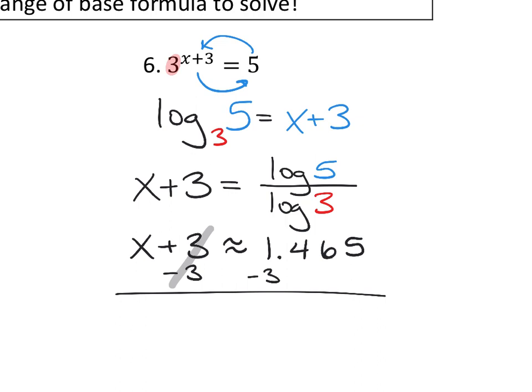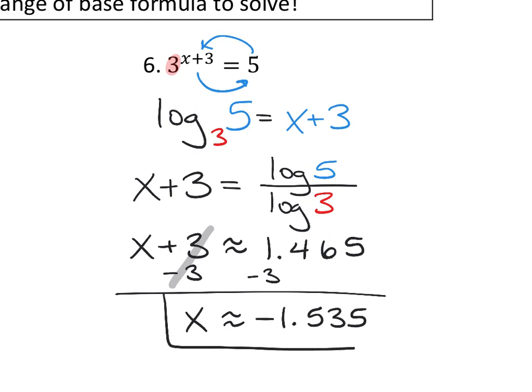When you do that, your calculator is going to tell you that x is approximately negative 1.535. So if your question does require a little bit of algebra, we do have those skills still available. Don't forget the skills you've learned before. They're going to keep showing back up.